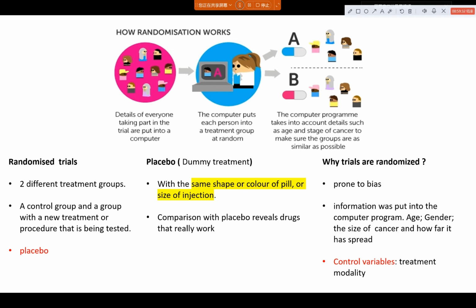The research team puts information about the people taking part into a computer program. This might include the following: age, gender, the size of cancer, and how far it has spread.